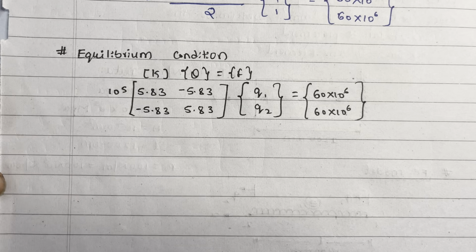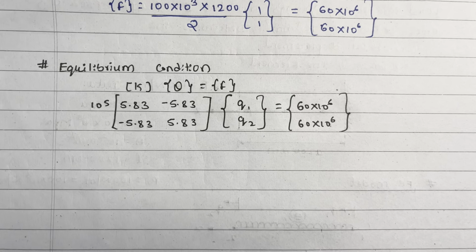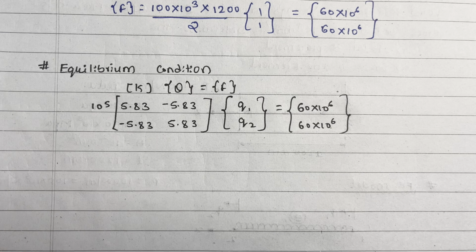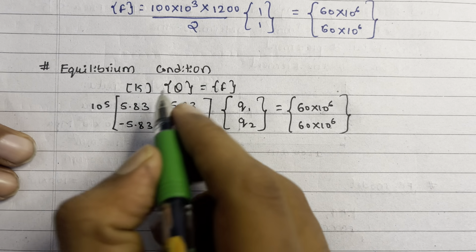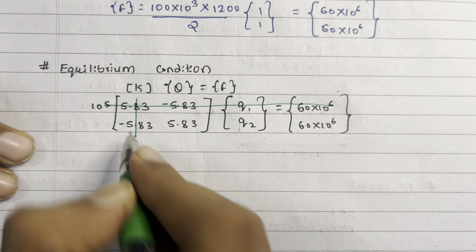From the boundary condition we know that this is the fixed end, so displacement will be 0. As per the elimination method, I will eliminate the Q1 row and the column related to Q1.